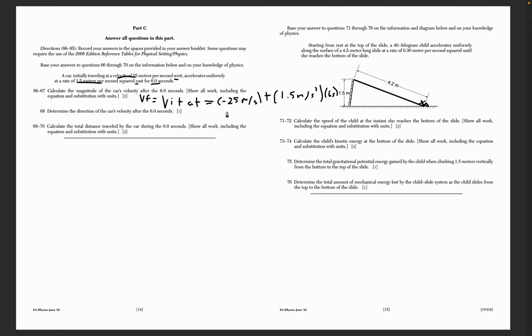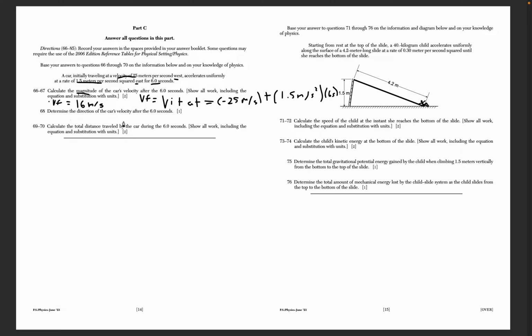Now you would get a negative answer, you would get negative 16 meters per second, but since they're asking for the magnitude, we ignore the negative, so it's going to be VF equals 16 meters per second. It would be negative again, but it's asking for the magnitude.